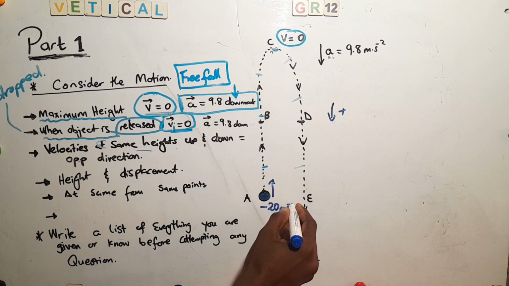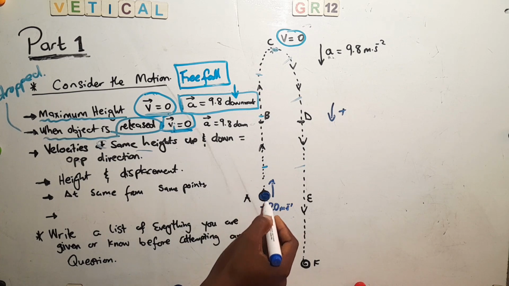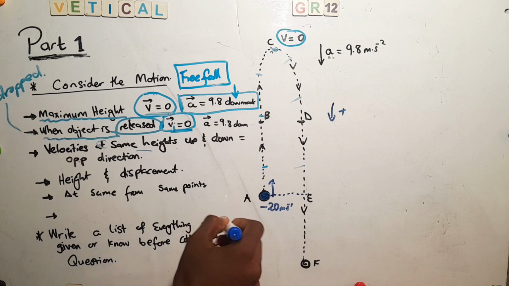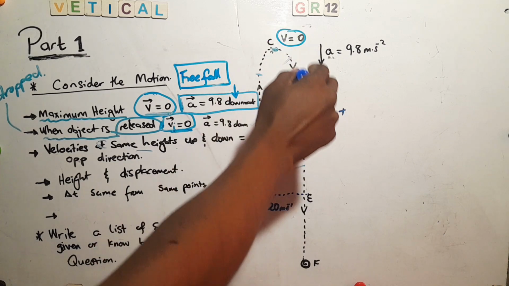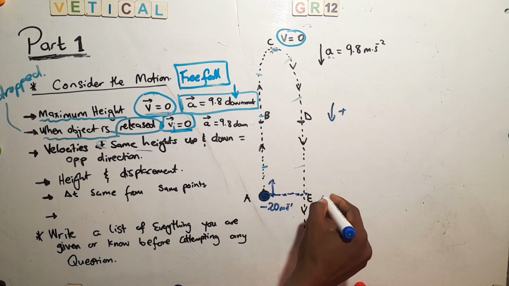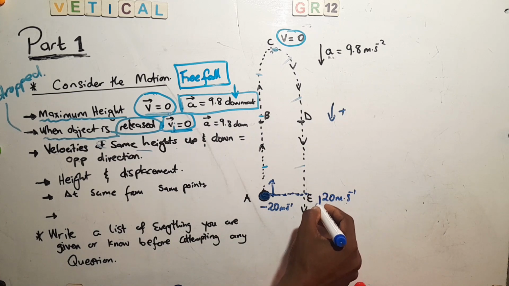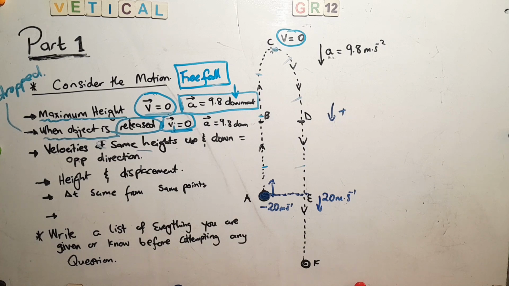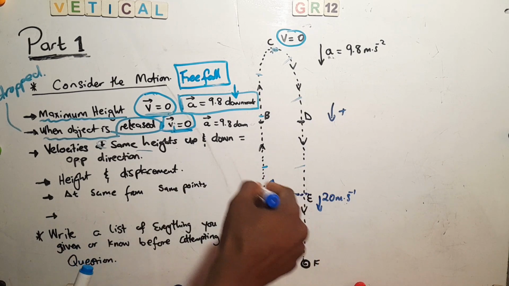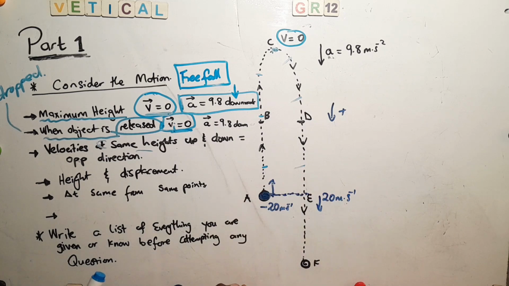Since A and E are at the same height, when the ball comes back to that same point, the velocity will still be 20 meters per second, but now going downwards. So the velocities at the same height are equal but opposite in direction.